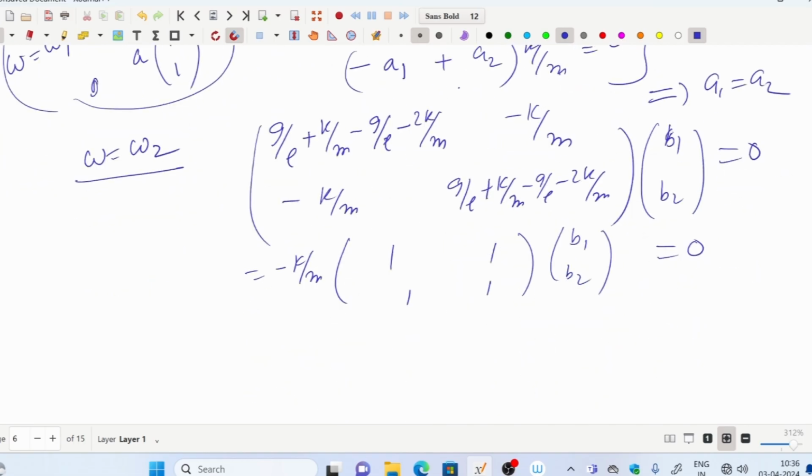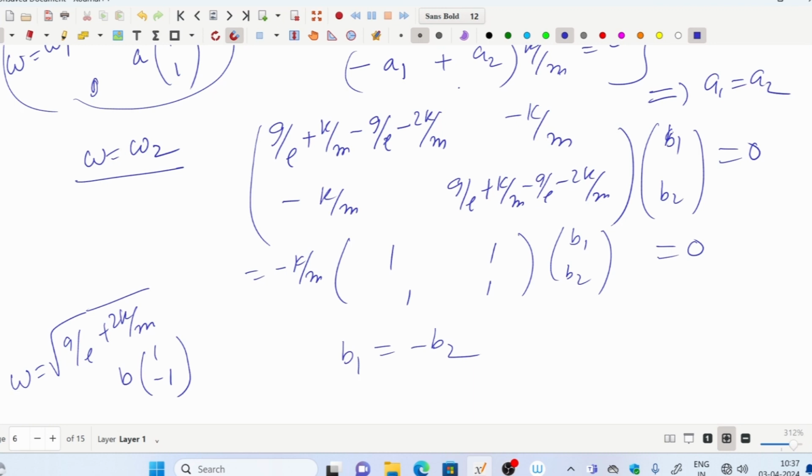So, this implies that b1 equals minus b2. So, for omega equal to root of g by L plus 2 k by m, the eigenvector is 1, minus 1, and you can see they are orthogonal, but they are not normalized.